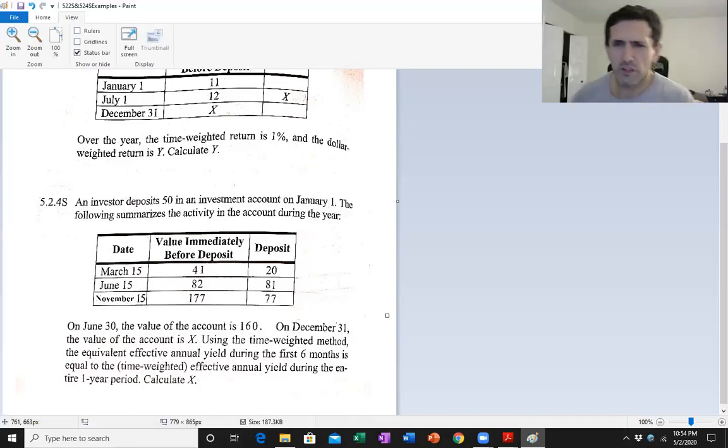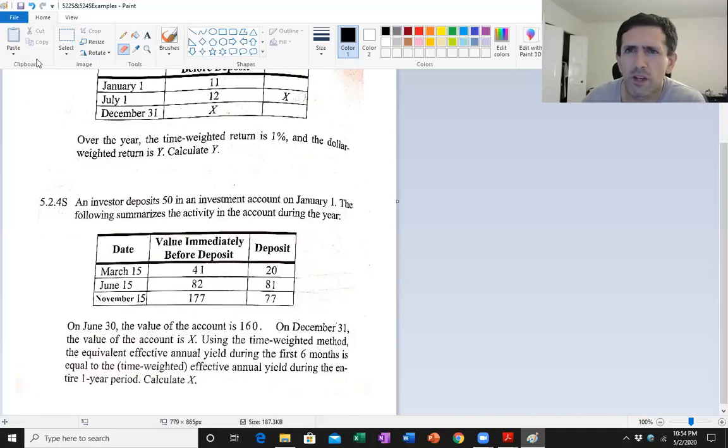and we're given the time-weighted rate of return for the first 6 months. I want to emphasize something real quick. And this probably is confusing if I didn't emphasize this.